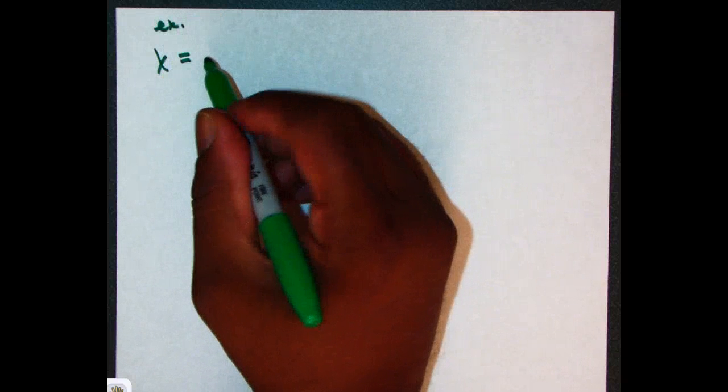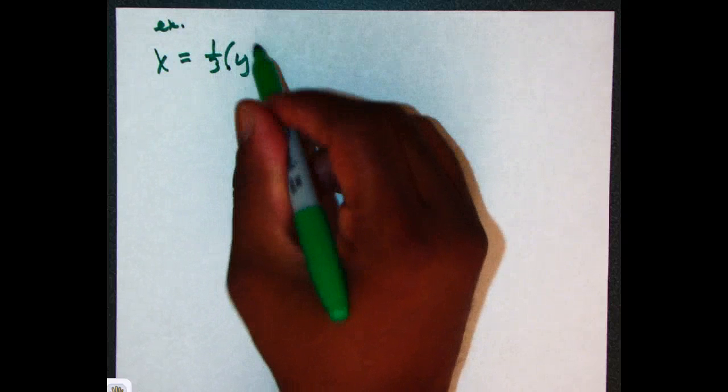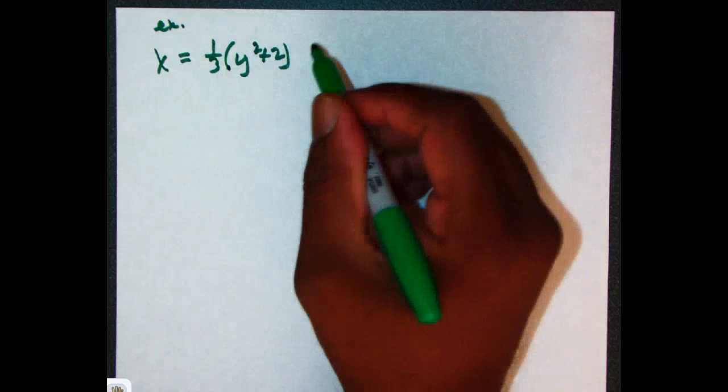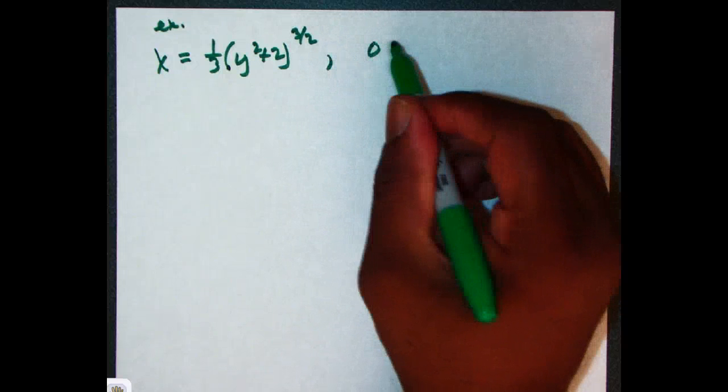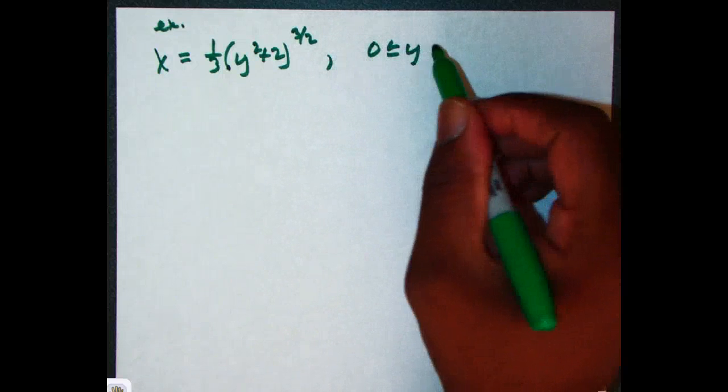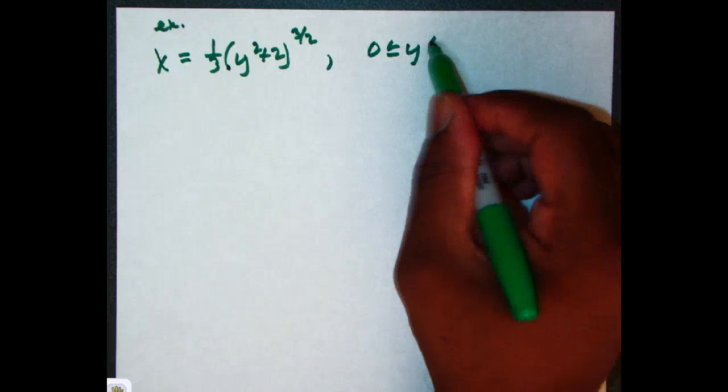Okay, let's take a look at one last example. Say we have x is equal to 1/3 y squared plus 2 to the 3/2. And we want to find the arc length on the interval y between 0 and 4.